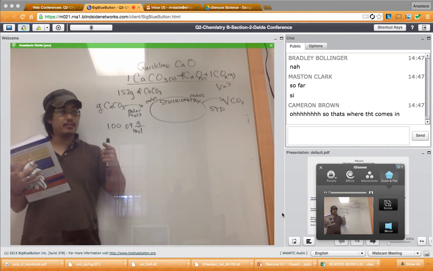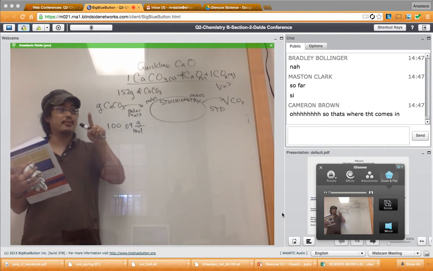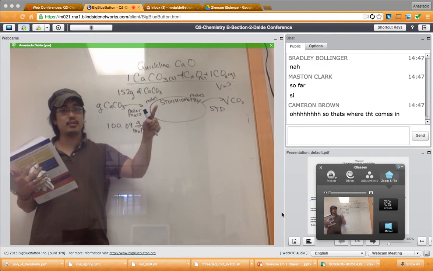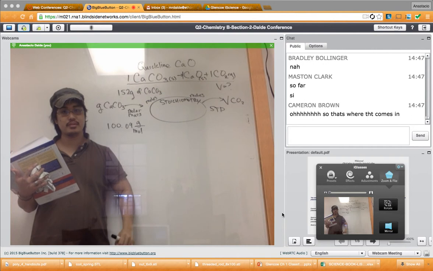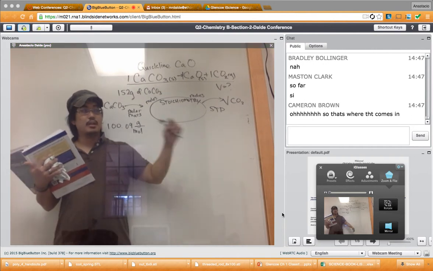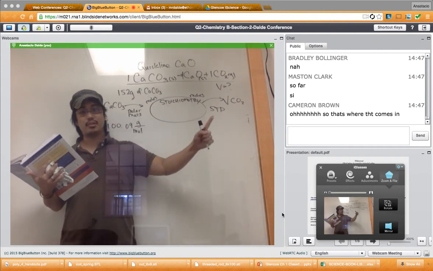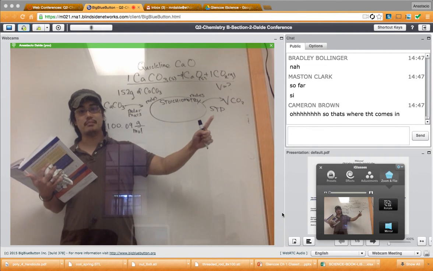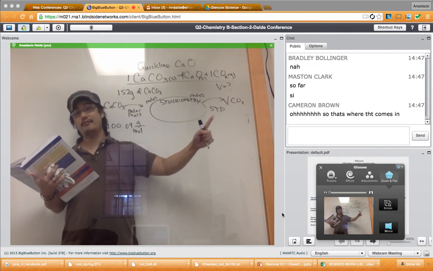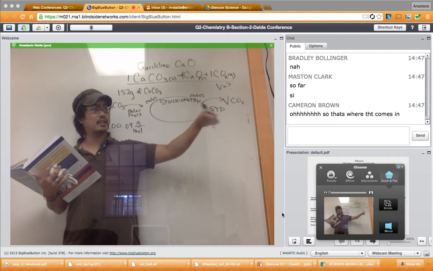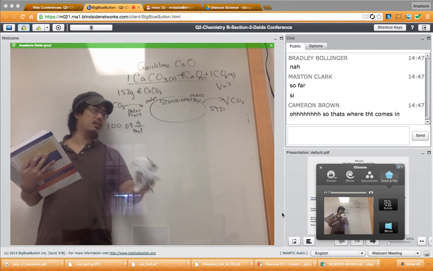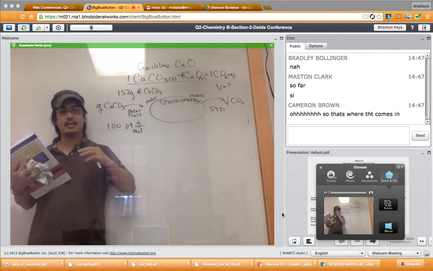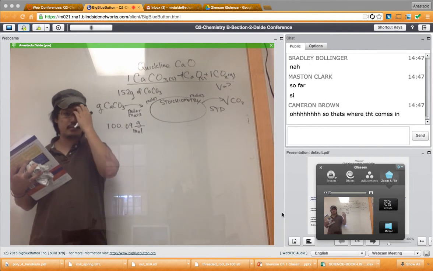We started off with grams of this stuff, so we need to use the molar mass to convert it to moles because we can't start playing the game until we're in moles. When we're done playing this game, we'll end up with our answer in moles, but the problem is we want it in volume. So I need to use this STP thing where I can convert moles to my volume in the end. Are we cool with that? Do you understand the idea of what I'm getting at here?